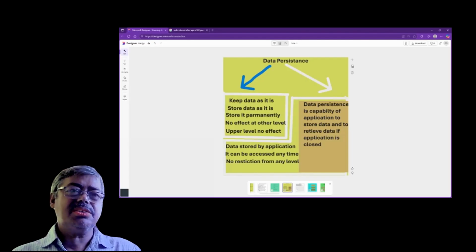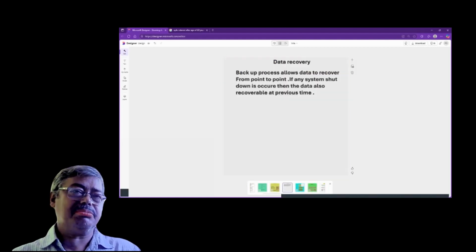The data is stored permanently, with no effect at the upper levels. Data persistence is the capability of the application to store data and to retrieve data even if the application is closed. Data stored by the application can be accessed at any time, and no restriction occurs from any level.